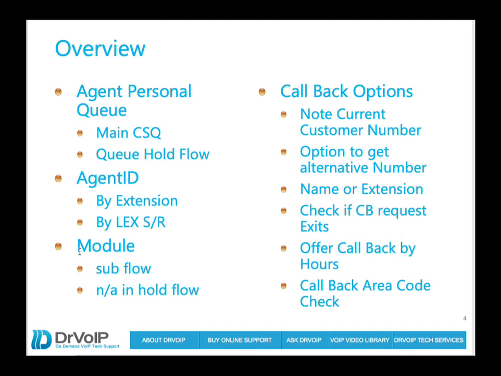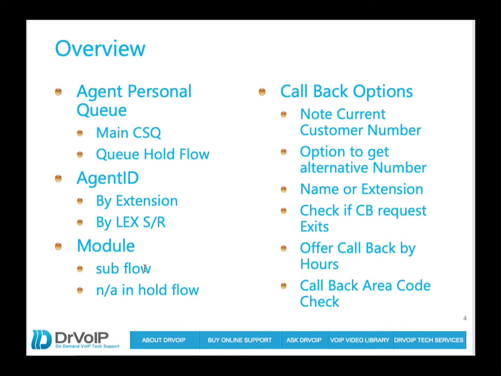We're also going to work with modules. So a module is a special contact flow that is basically a subflow. For example, callbacks. We may use callbacks many places throughout our call center, and rather than cutting and pasting it or referencing the same contact flow that contains the callback, what we might do is create a module that you will call when you want to run that particular subflow.